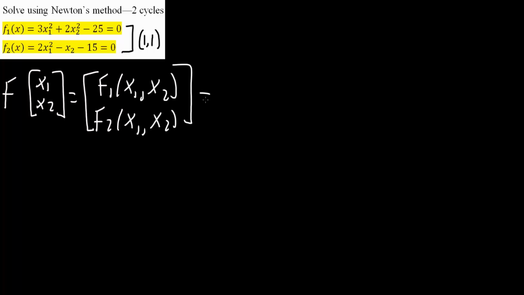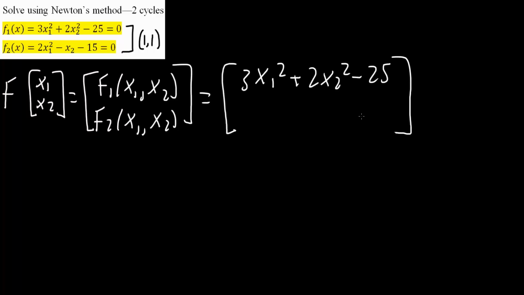And this will correspond to this. What I'm doing right now is essentially just organizing this problem. Plus 2x squared minus 25. And now this one. So 2x1 squared minus x2 minus 15.